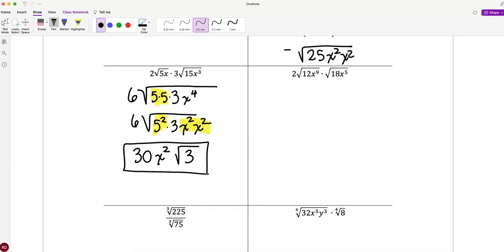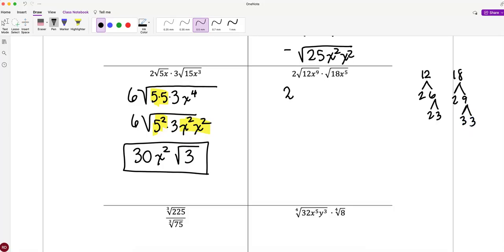Looking at this one, so I've got 2. So 12 times 18 is not going to be a perfect square, but I can look at what 12 is, 2 times 6, which is 2 times 3, and then 18, which is 2 times 9, which is 3 times 3.